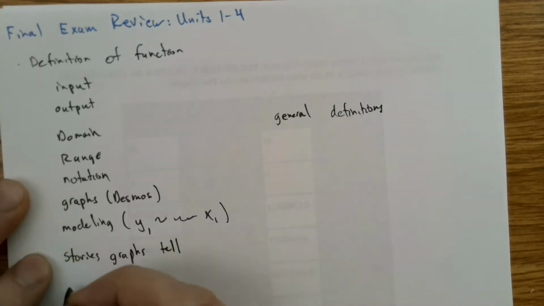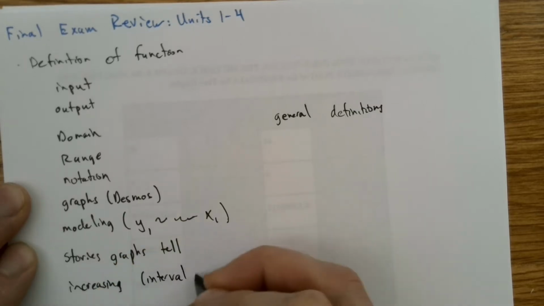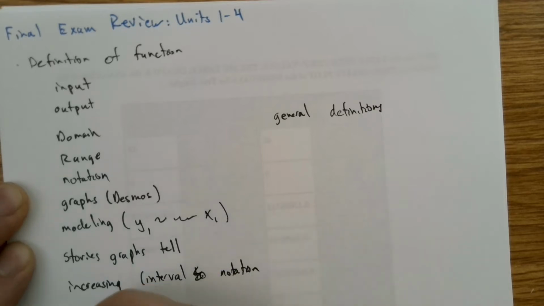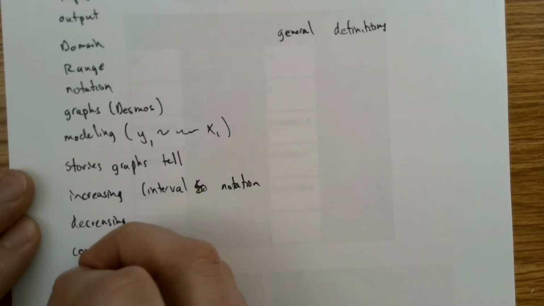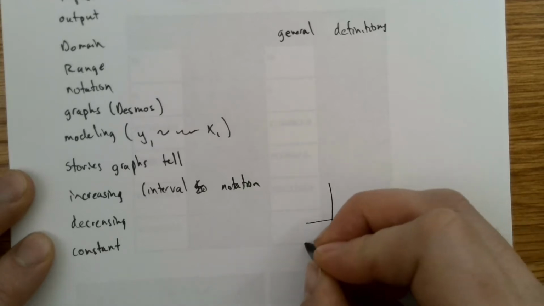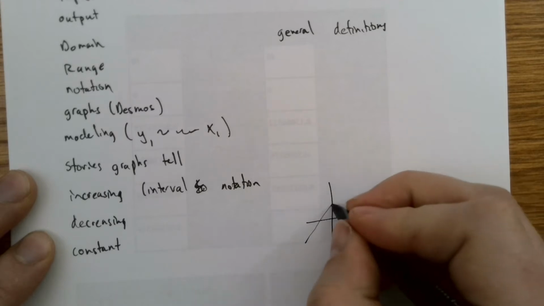Let me add in here how to tell when a function is increasing. So I'll put in here interval notation was what we used on this. And how to tell when a function is decreasing over a specific set of intervals. And when is a function constant? Just a real quick example of that. Here's increasing, here's decreasing, here's constant.